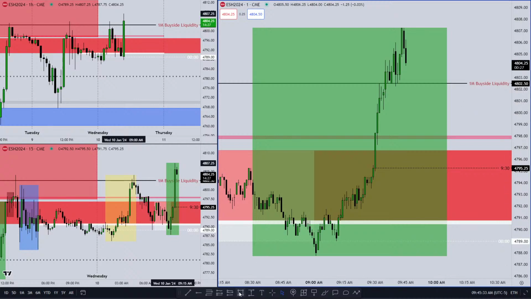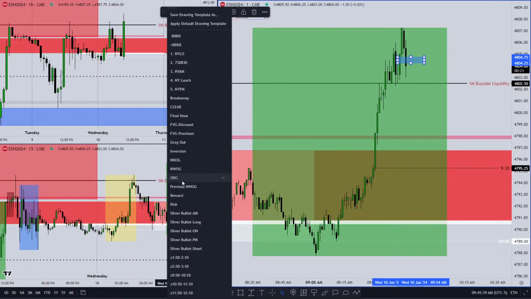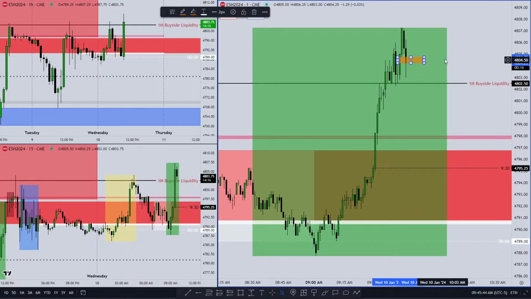And so as a measuring point, watch this as inversion. There it is. So we want to see how we close in comparison to that fair value gap right here.